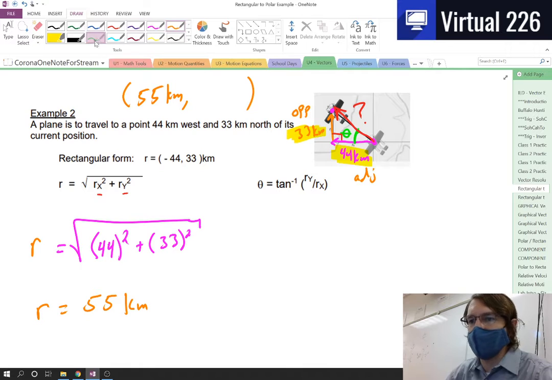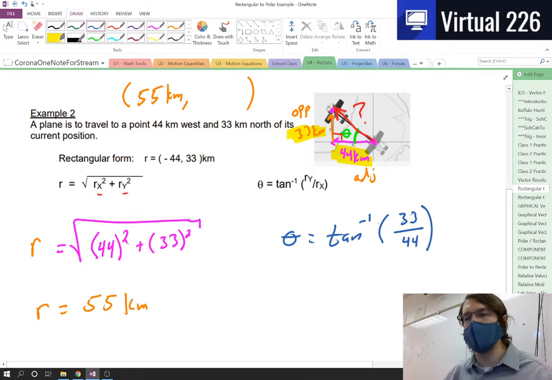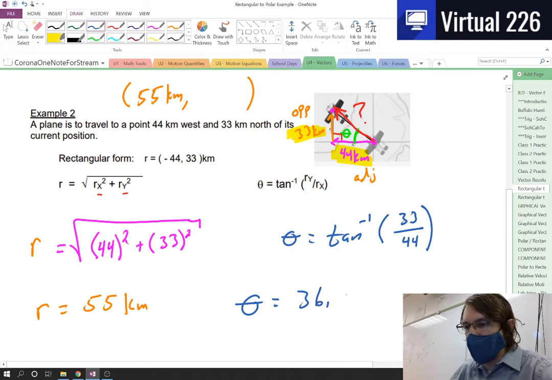So if I wanted to find theta, I can just say, hey, look, this theta here is the inverse tangent, because that's what I use if I have opposite and adjacent, of the opposite, 33, over the adjacent, 44. And since those are both in kilometers, the units will cancel out, which is exactly what we want for the angle. And if we take the inverse tangent of 33 divided by 44, we're going to get an angle here of 36.87 degrees.